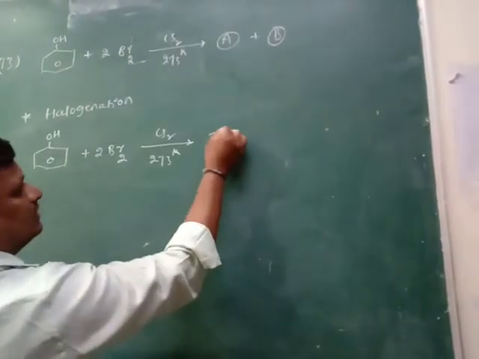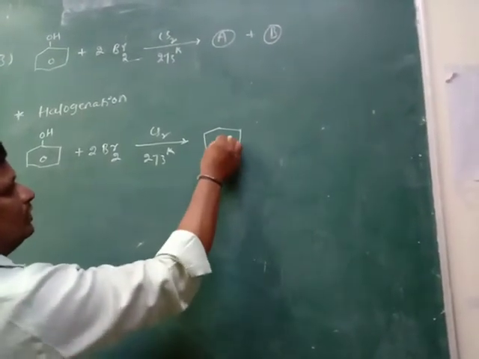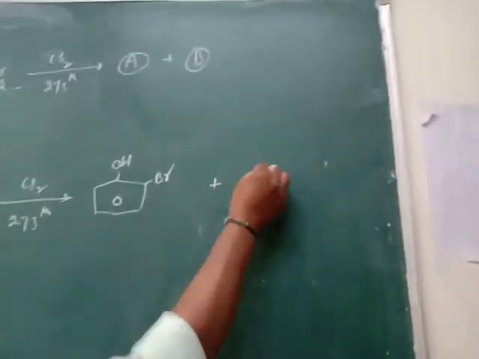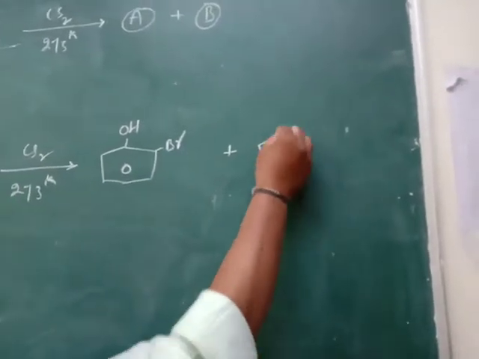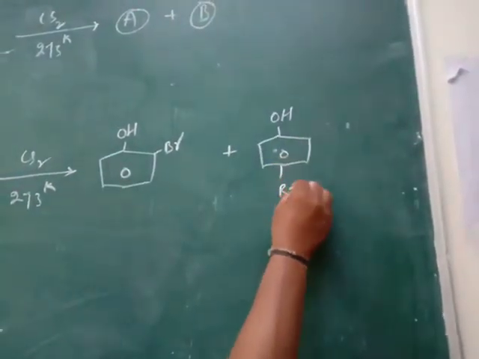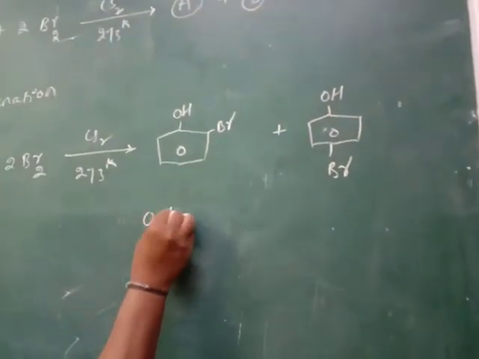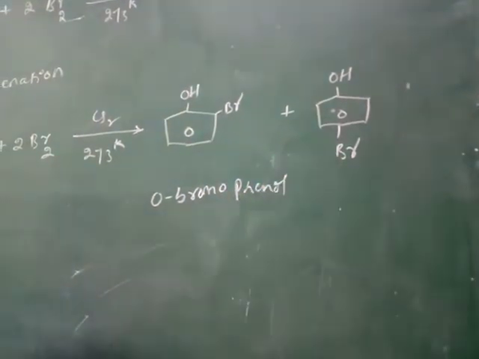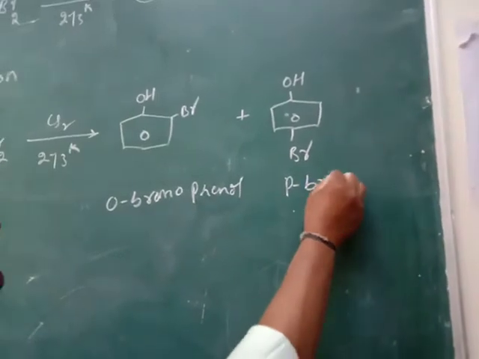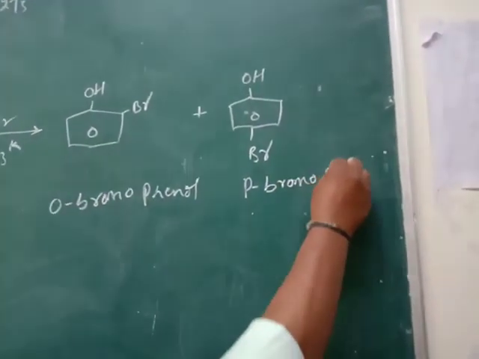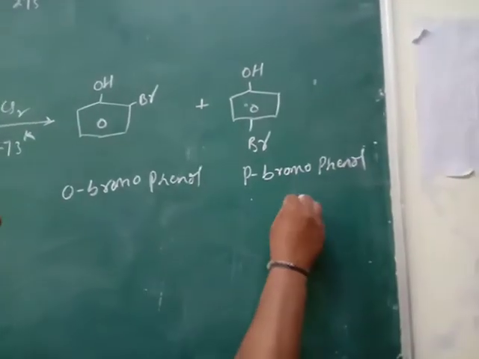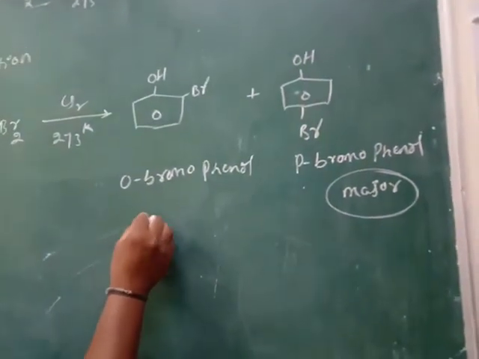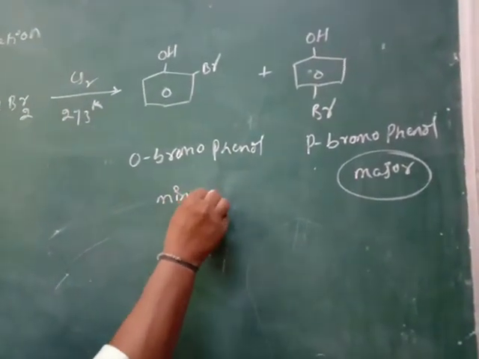It gives orthobromophenol, OH with Br, and the second one is para-bromophenol, OH with Br. Para-bromophenol is the major product. Orthobromophenol is the minor product.